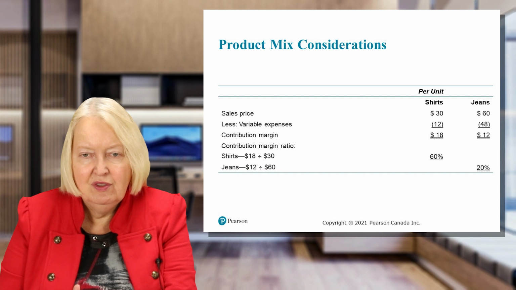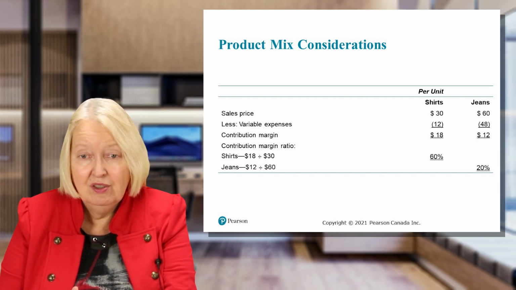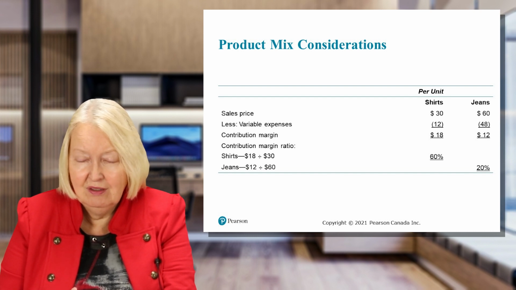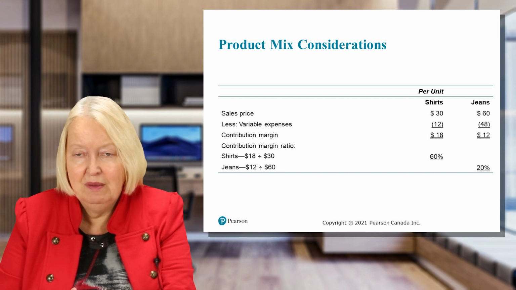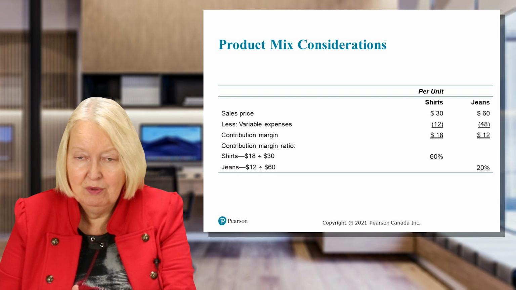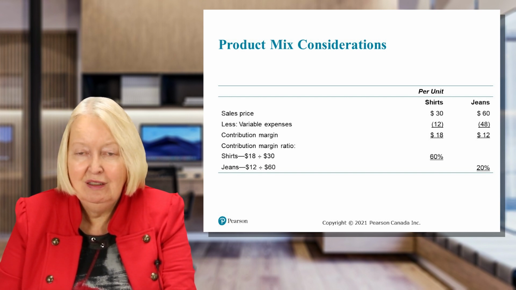On the surface, you see that shirts have a contribution margin of $18 per unit, and jeans $12. You'd say, we should just produce more shirts and not as many pairs of jeans, or maybe not even do jeans. Seems like shirts are more profitable. But are they? You have to do a little bit more analysis to figure that out.